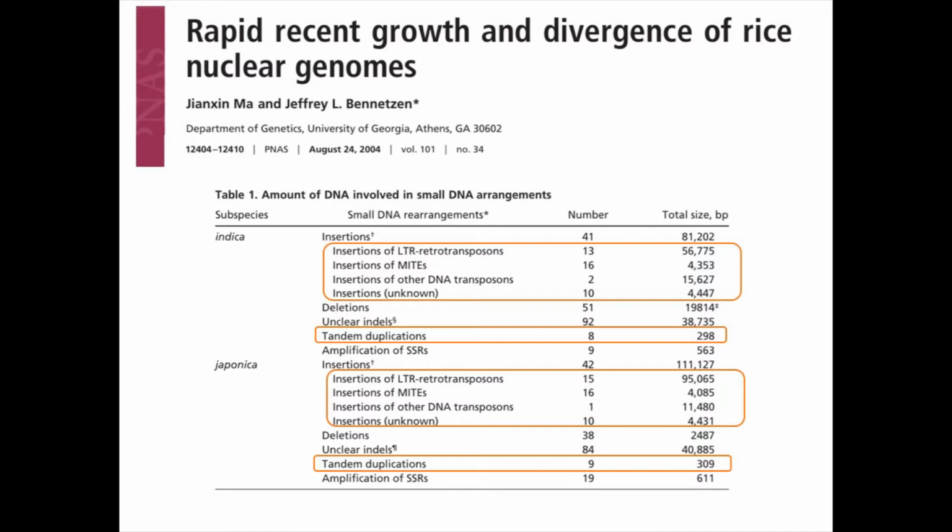A couple of years ago, my former boss, Jeff Bennetzen, looked at a similar profile in 1 megabase of DNA, so 1/600th of the genome of rice. And as we discovered here, there were the tandem duplications that I talked about, you remember how much of the graph those took up in my slide. But he also discovered a large fraction of LTR retrotransposon insertions.